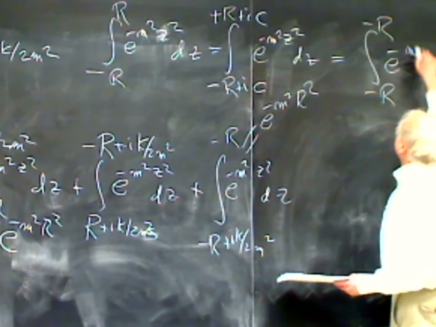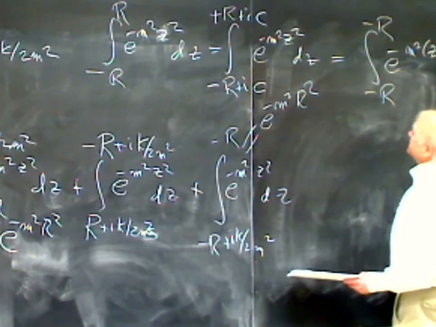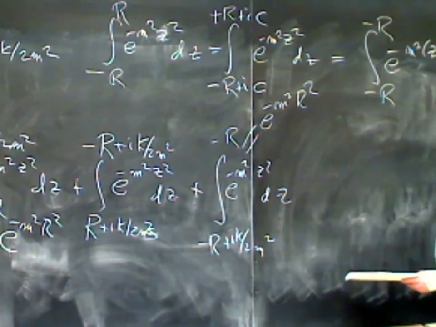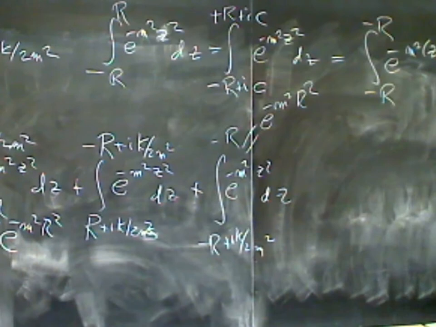e to the minus m squared (z plus iC) squared dz.